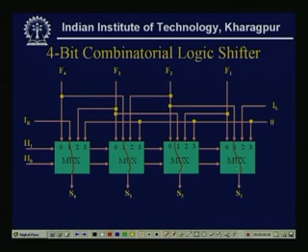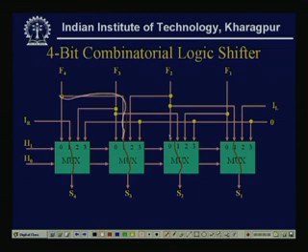Now, see here an input IR is fed to the first input of S4. The first input of S3 is F4, this is the F4 line.